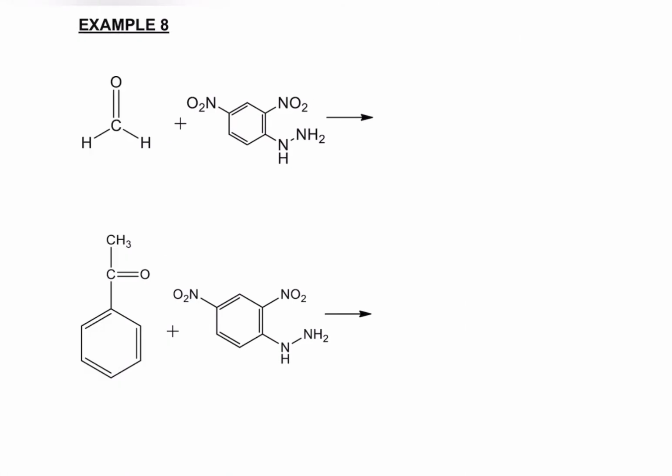So I'm going to draw my final product where I have oxygen from here and H2 from here. So let's draw my structure for this carbonyl compound first. I'm going to start from carbon. So I have carbon with a double bond and another 2 bonds attached to hydrogen.